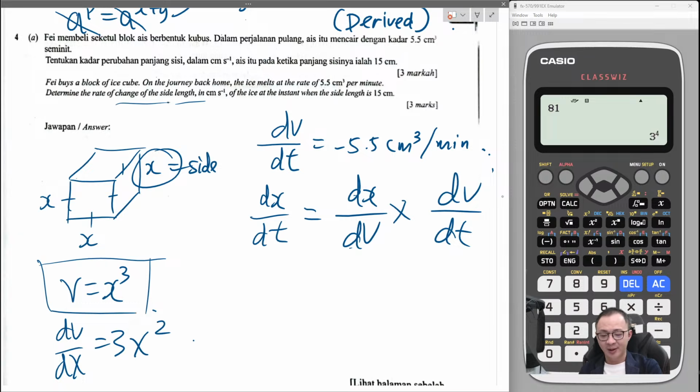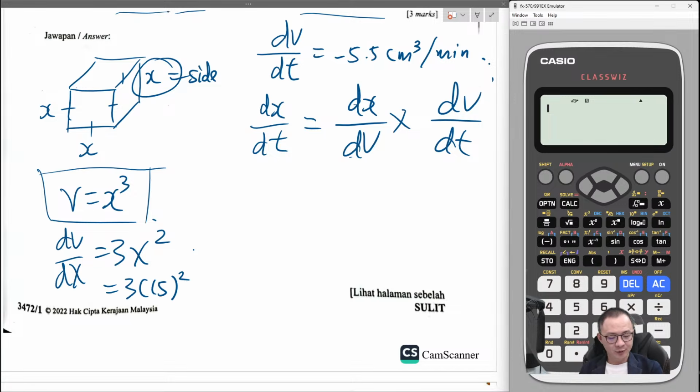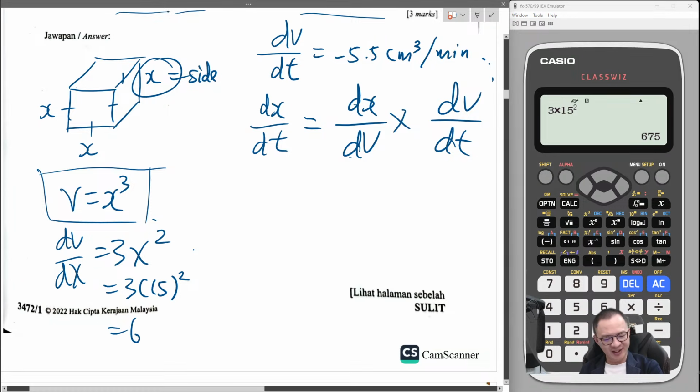3x squared. Is the x given? The side length is 15 centimeter at that instant, isn't it? So we substitute the 15. 3 multiply 15 squared, so we have 675. But this is dV dx, right?